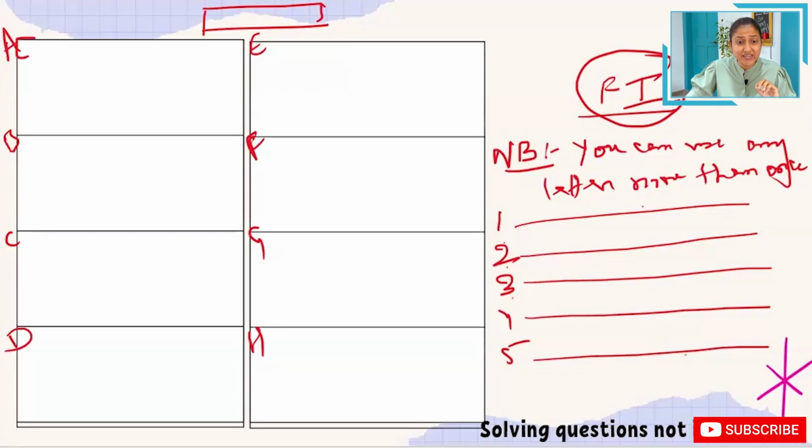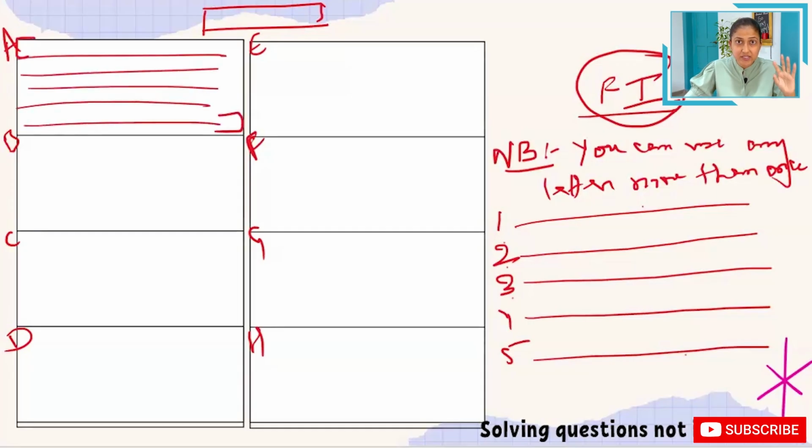What will we do? We'll read the entire paragraph first. After reading one paragraph, you will go to the given set of questions. You will read each piece of information one at a time. Let's say you read information 1, you see it was not there in paragraph A. You read information number 2, you see, okay, yes, information number 2 was present in paragraph A. Alright, in that case, your answer for 2 is A. Should you stop here?